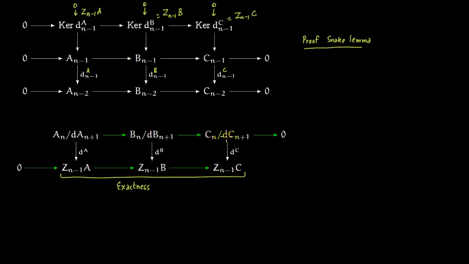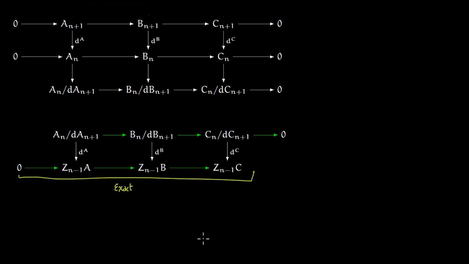Now we show the exactness of the top row. So we focus on this top row. Again, consider the chain complex corresponding to A. This is a homology complex, so the index is decreasing. Again we showed in the proof of the snake lemma that this cokernel, which you form like this, A_n over the image of this map d_{n+1}, B_n over the image of this map, C_n over the image of this map, is exact.